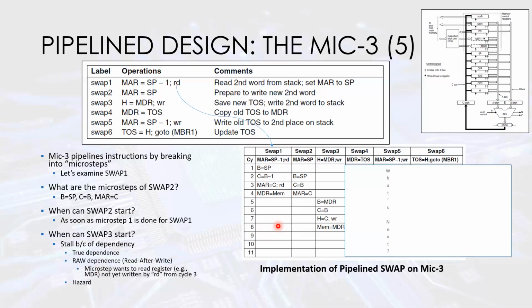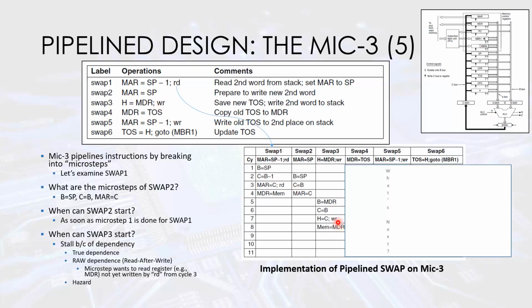Why can't the write run at the same time, on cycle 4, so that both memory and MDR go at MDR? You're talking about this right here? Yeah, why can't this run at cycle 4? Let's see. The write is writing whatever's in MDR.